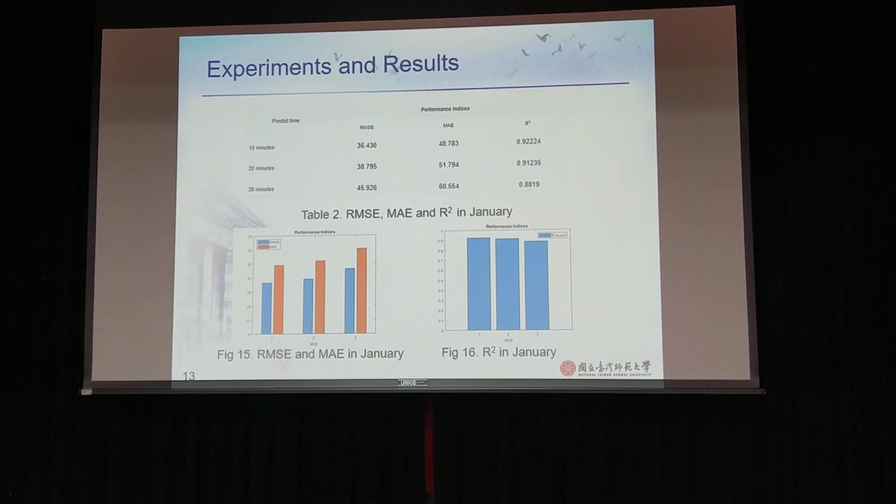And here is the experiment and result. At Figure 15, MAE and RMSE gradually increase at a longer forecasting time, and R squared gradually decreases.